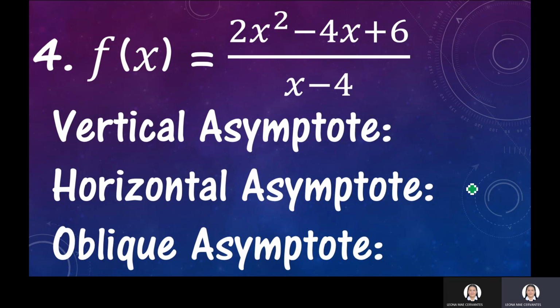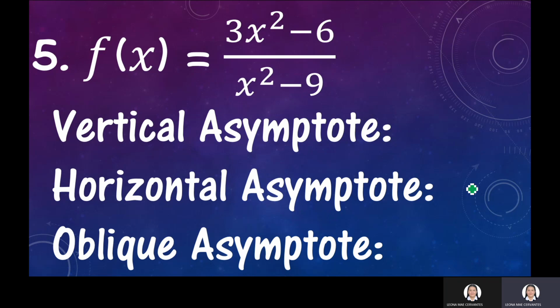So next, the last number, number 5. f of x is equal to 3x squared minus 6 over x squared minus 9. Find the vertical asymptote, horizontal asymptote, and oblique asymptote.